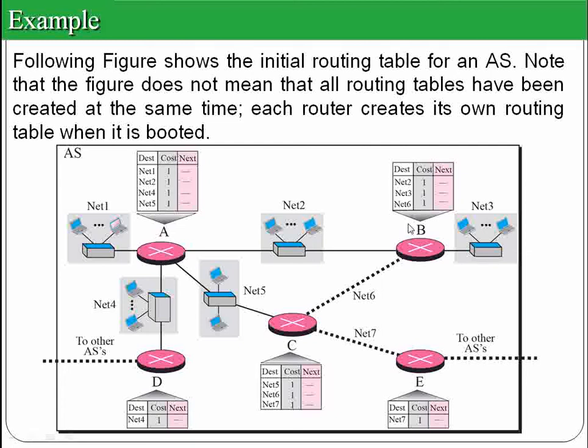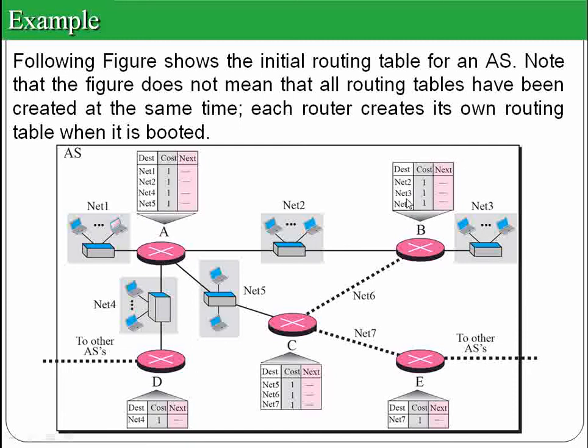So now these routers have to update their tables. Initially this is what they have. A has some entries 1, 2, 4 and 5. B has some entries 2, 3 and 6.